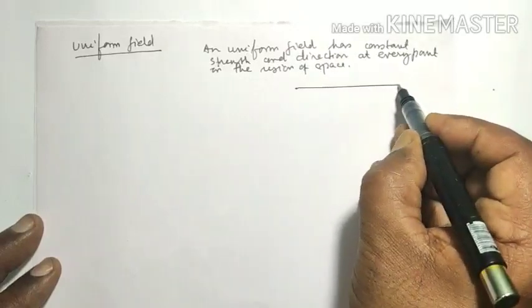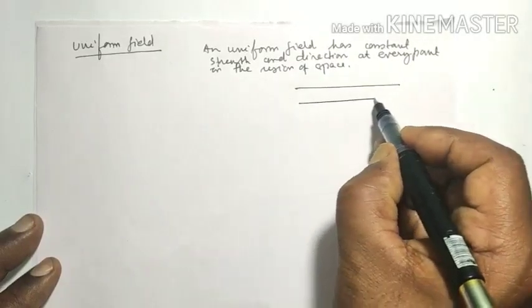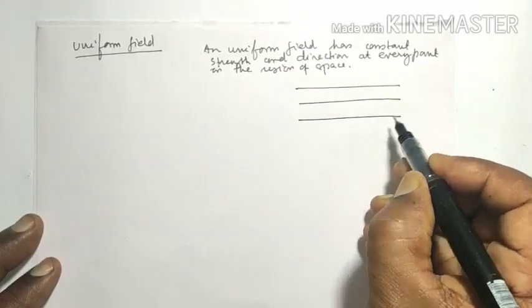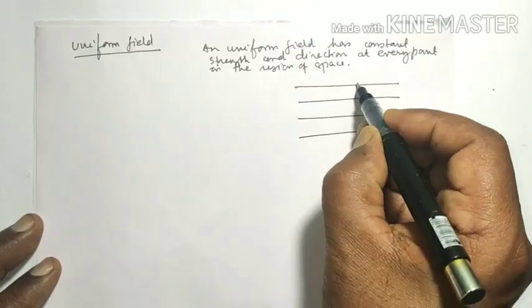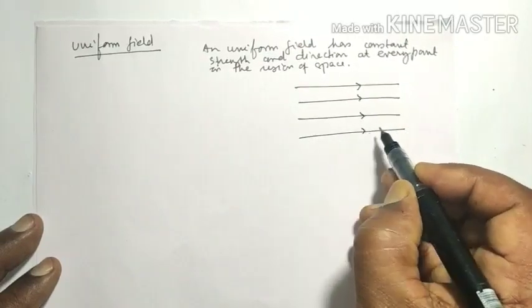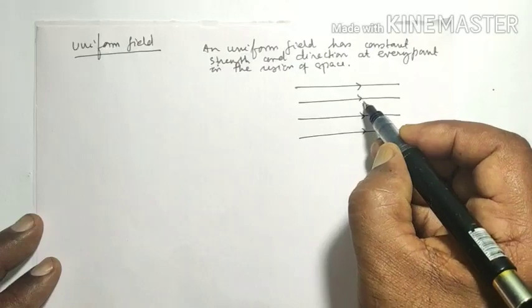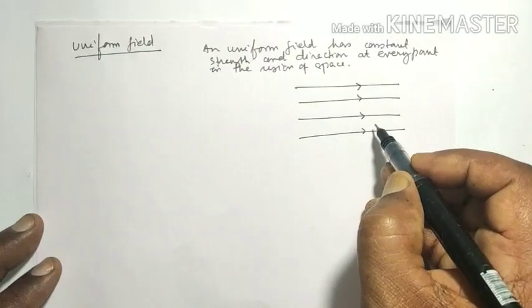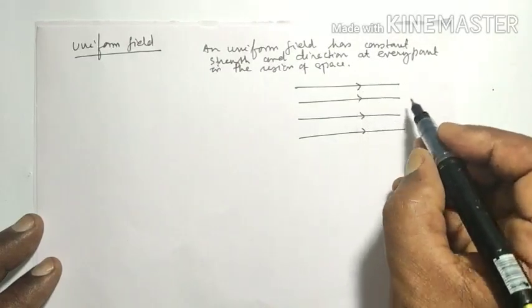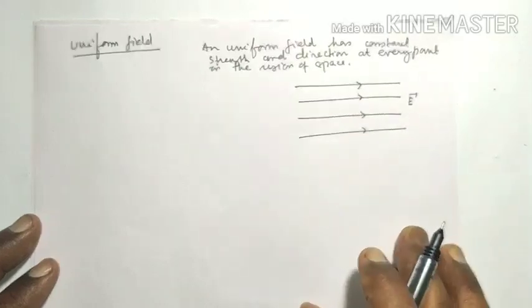They are represented by parallel equispaced lines. The distance between two lines is equal and these lines are parallel. So this represents a uniform electric field.